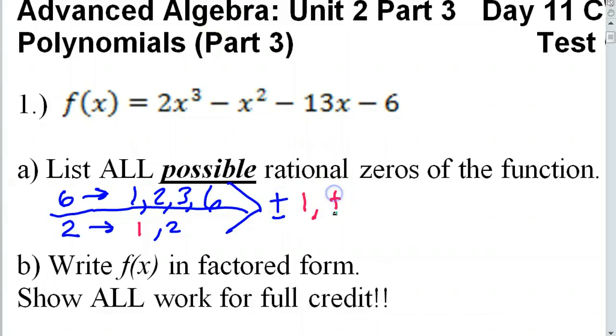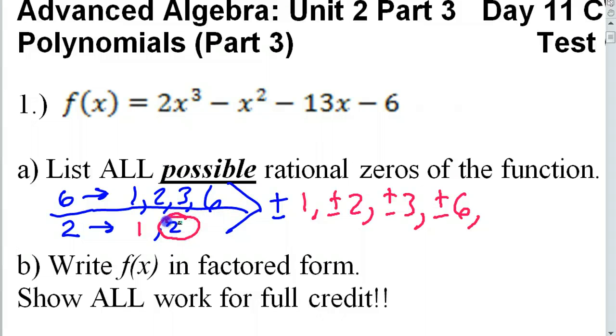Plus or minus 1 over 1, 2 over 1, 3 over 1, and 6 over 1. Obviously, I don't need to write the 1 underneath, so you're always going to wind up with your numerators first. But then I'm going to start putting the same numerators over the other denominator.